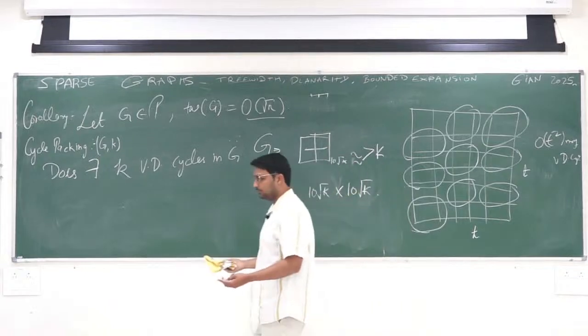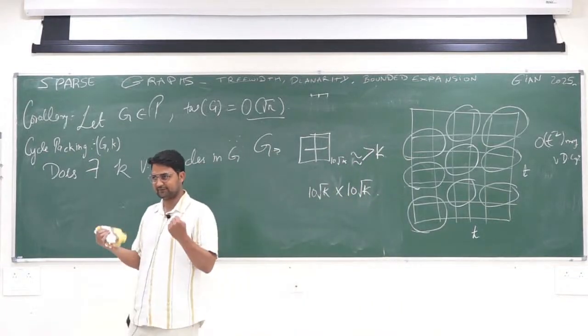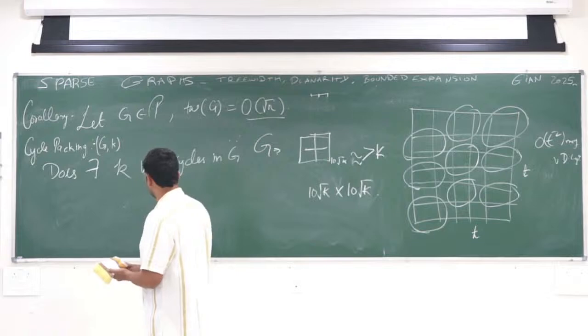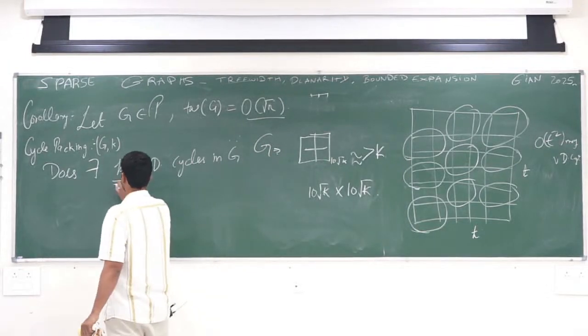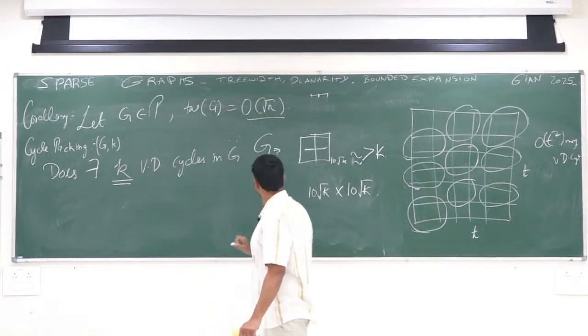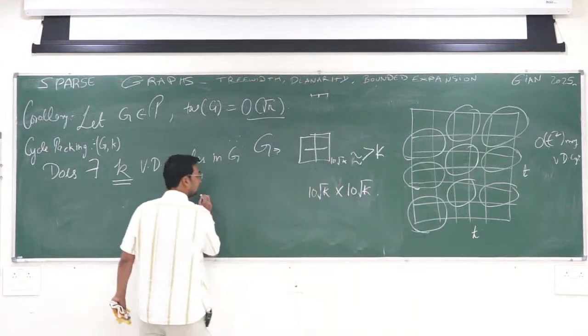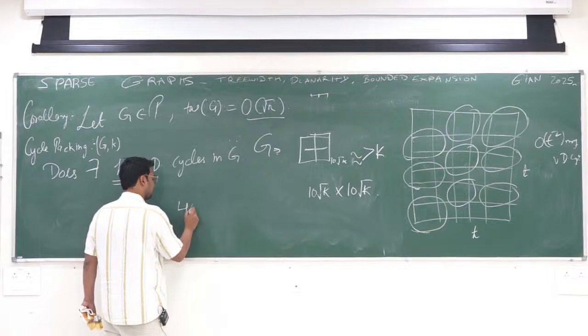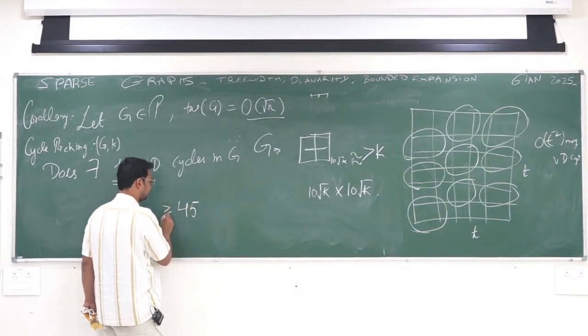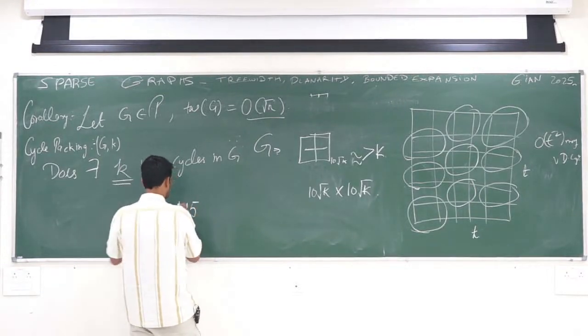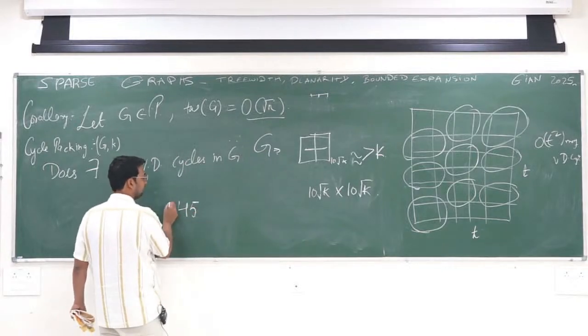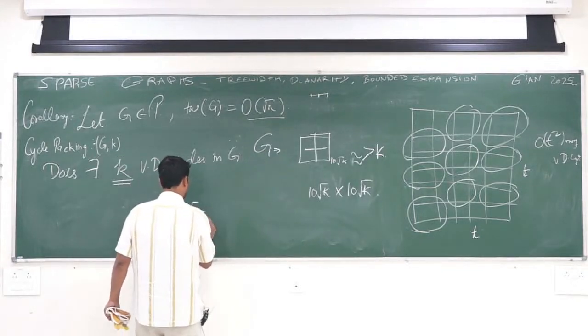Now, I am given a planar graph G as an input. And the question is, does my graph contain k vertex disjoint cycles? What I do is that I look at whether my graph has treewidth less than equal to 45 times square root of k or not.